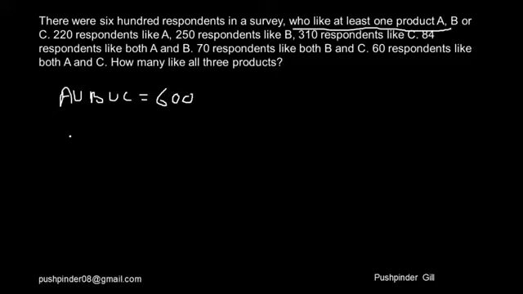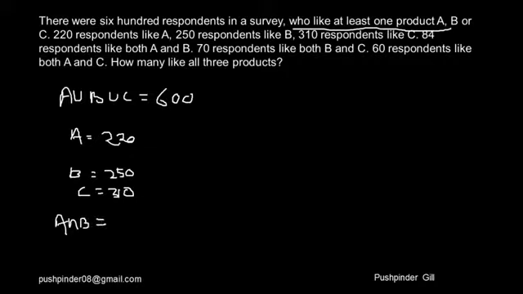Now he has given us that 220 people like A, that means A is equal to 220. Similarly, B is equal to 250. Similarly, C is equal to 310. And what has he given us? He's given us the value of A intersection B. So what is A intersection B?